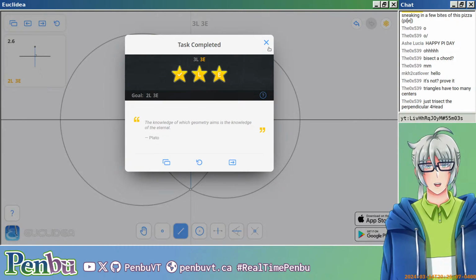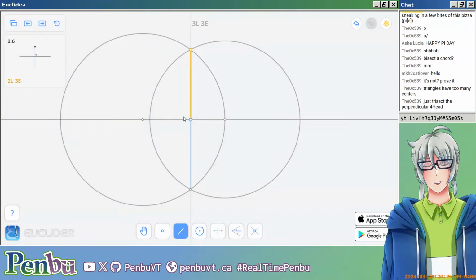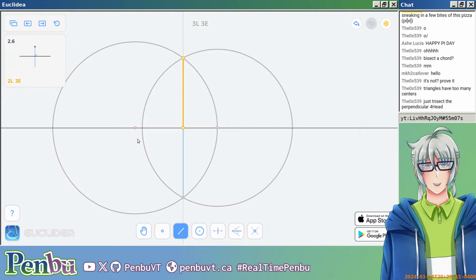Knowledge of which geometry aims is the knowledge of the eternal. Okay, so this works because this side and this side are similar. They're just mirrored. So this point away is going to be the same distance from this point as this point here.